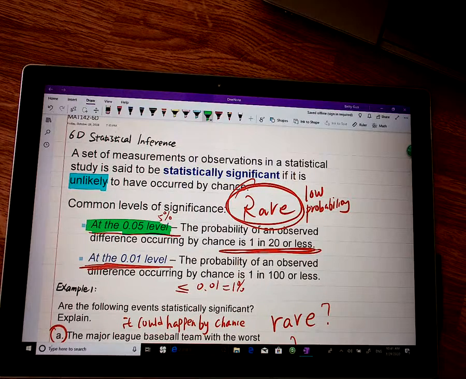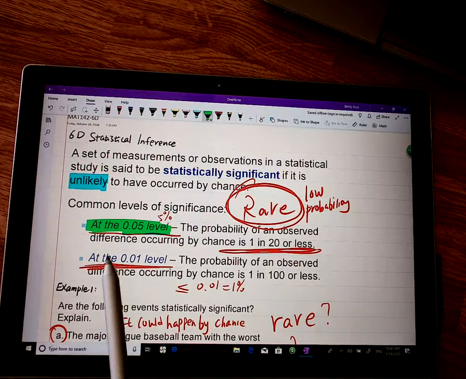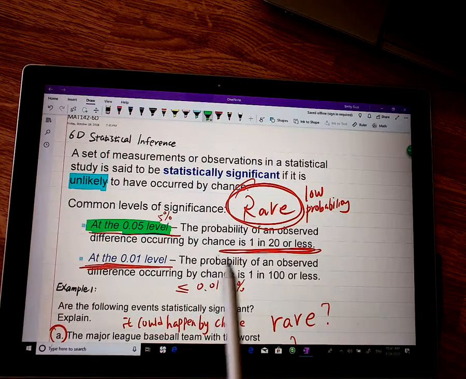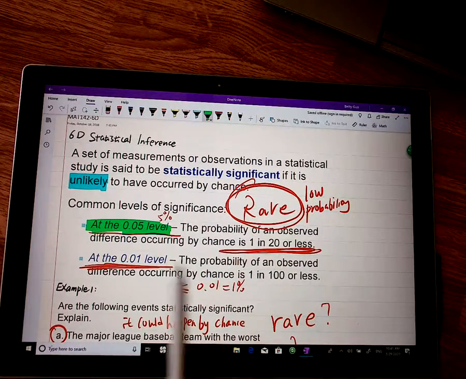At the 0.05 level, if we say something is statistically significant, that means the thing occurs with a probability or possibility or chance lower than 5%. Okay, at the 0.05 level, the probability of an observed difference occurring by chance is 1 in 20 or less. 1 in 20, that is 0.05, that is 5%.